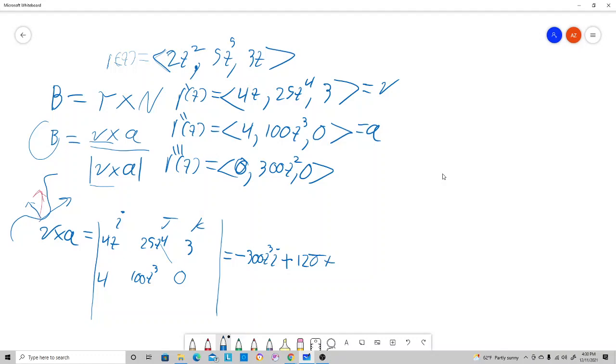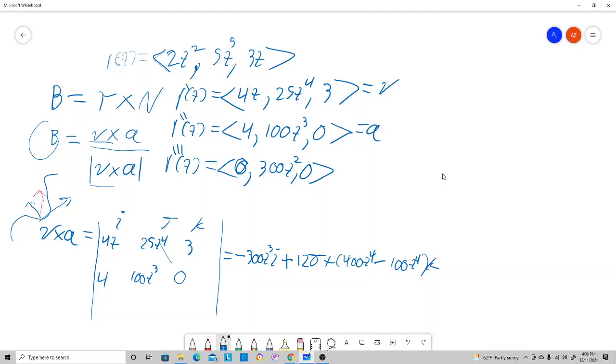And then plus 400t to the fourth minus 100t to the fourth, that's k.